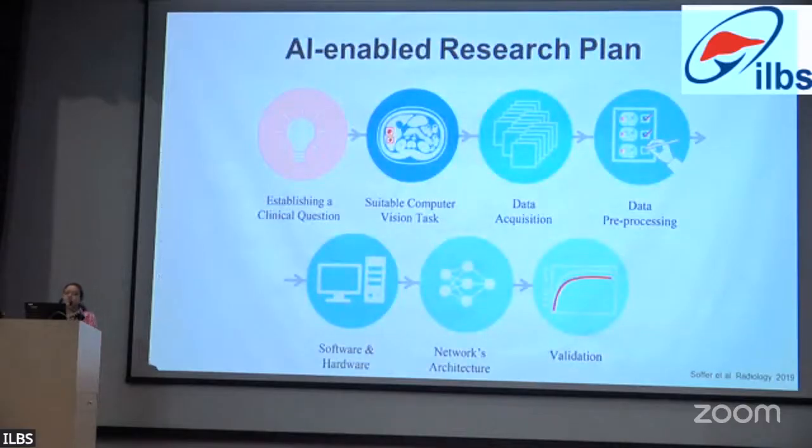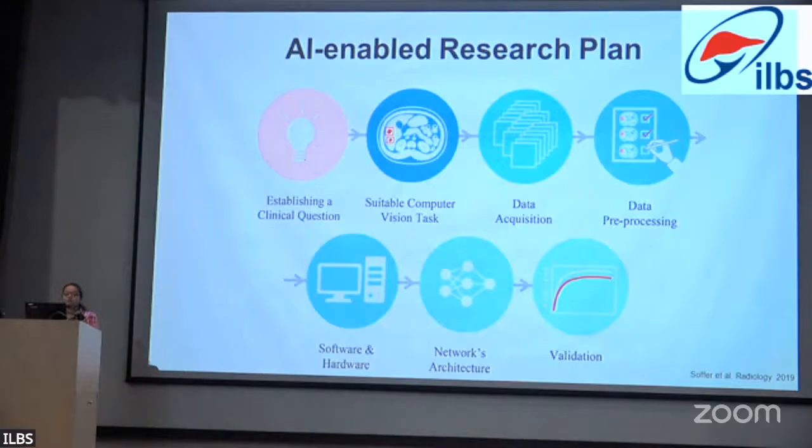So what is the research plan when we put AI into our clinical research? The pipeline of the work starts with establishing a clinical question. That is the most important part.